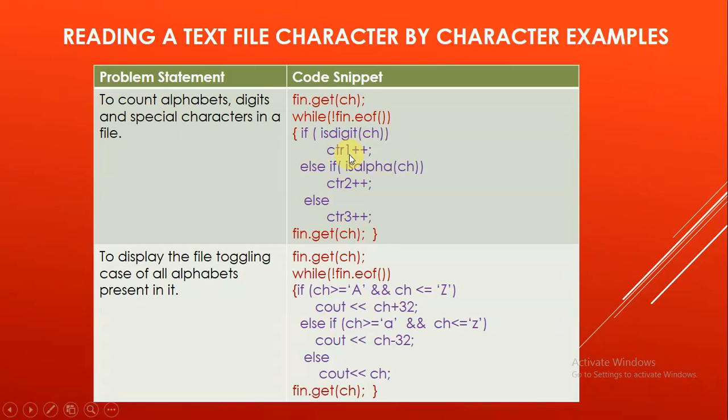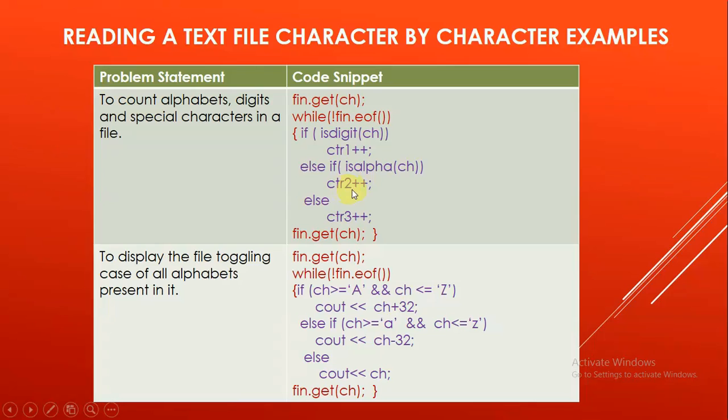I am assuming that you understand that I have declared three variables ctr1, ctr2, and ctr3, and I have initialized all three of them to 0 before the loop. These are the two functions, isdigit and isalpha, and I am using the header file ctype.h to include these functions. Now if it is not a digit, I will check if it is an alphabet or not. isalpha will check whether the character I have read is an alphabet.